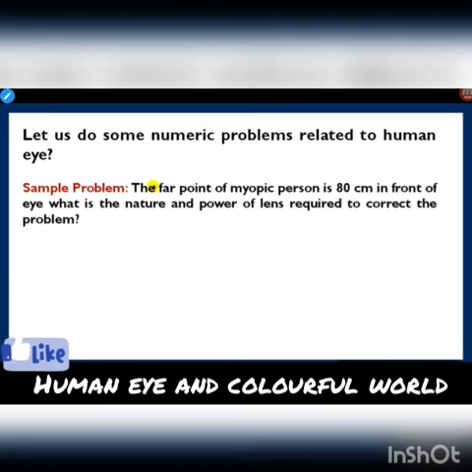Now let us do some numerical problems related to the human eye. A question. The far point of a myopic person, meaning a short-sighted person, is 80 centimeter in front of the eye. What is the nature and power of the lens required to correct the problem?